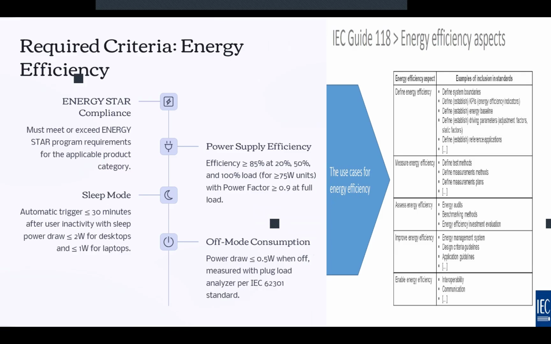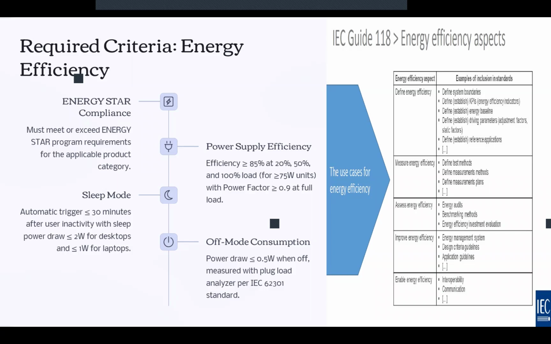Now, another major aspect is energy efficiency. IEEE 1680 also includes energy performance criteria, and they are not just a suggestion. They are part of the required checklist. So first, products have to meet Energy Star standards. That is the baseline.